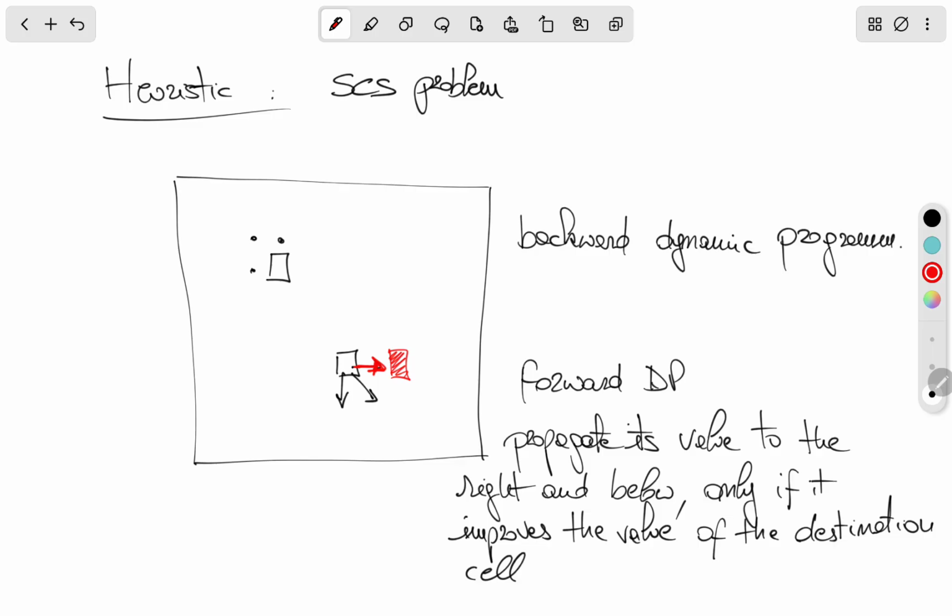But before, what kind of forward dynamic programming algorithm have you already studied?